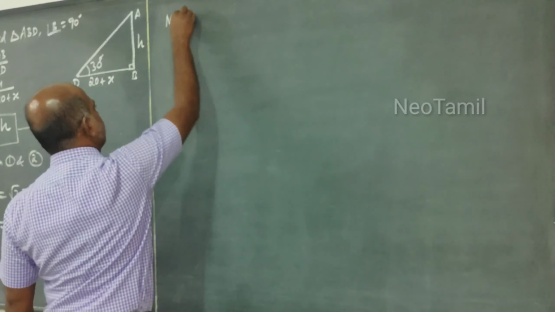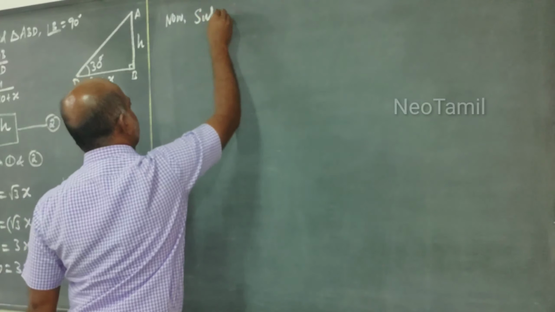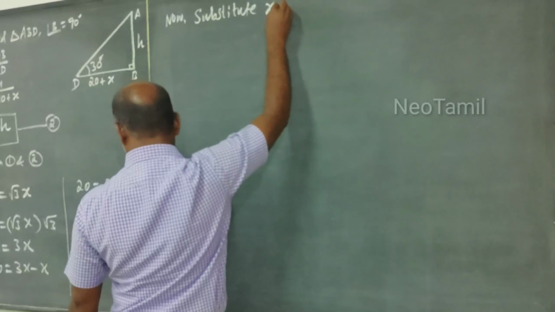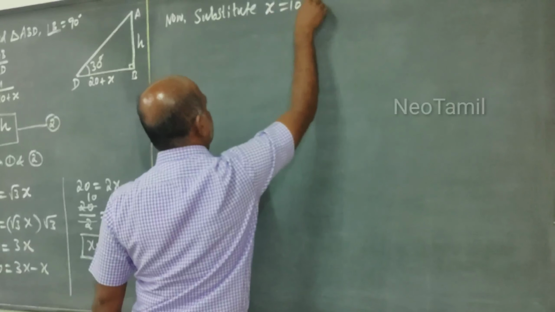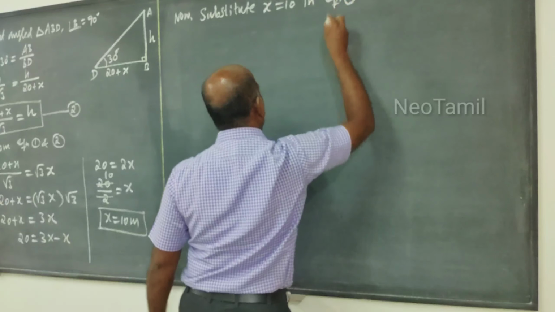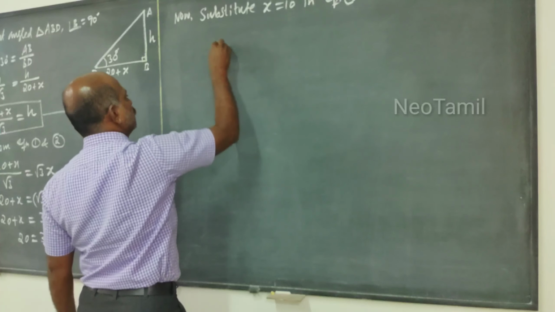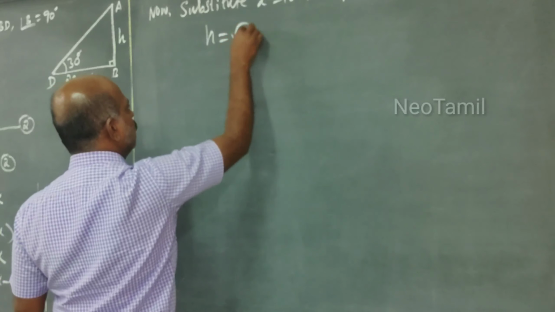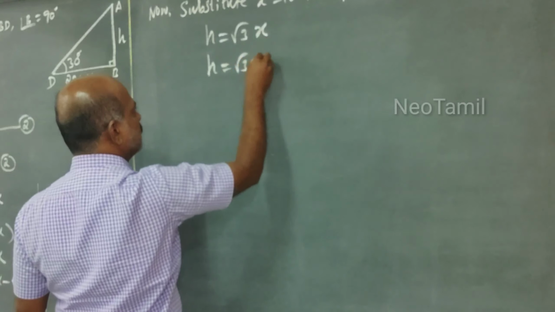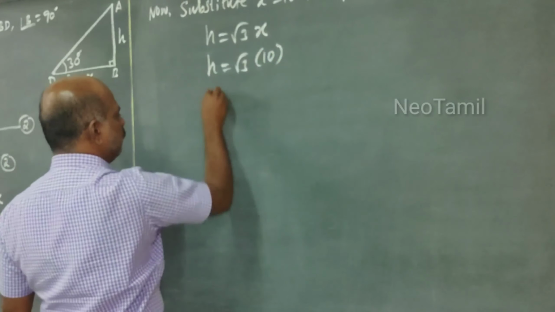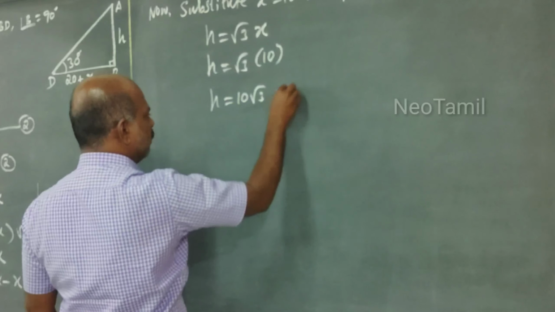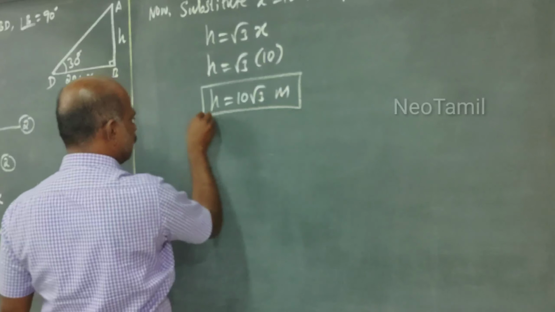Now substitute x equal to 10 in equation number 1. The first equation: h equal to root 3 into x. Then h equal to root 3 into 10. Therefore h equal to 10 root 3 meters.